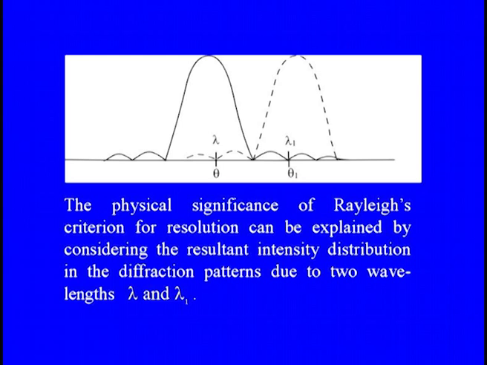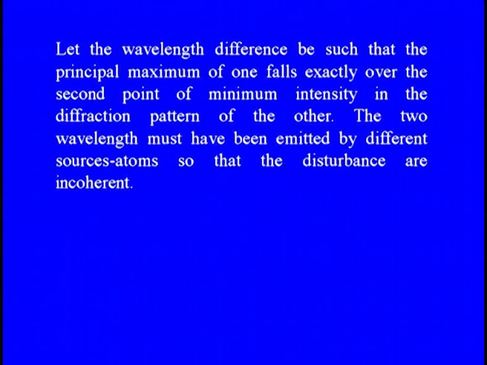The physical significance of Rayleigh's criterion for resolution can be explained by considering the resultant intensity distribution in the diffraction pattern due to two wavelengths lambda and lambda 1. Let the wavelength difference be such that the principal maximum of one falls exactly over the second point of minimum intensity in the diffraction pattern of the other.